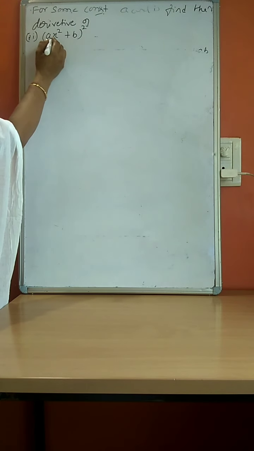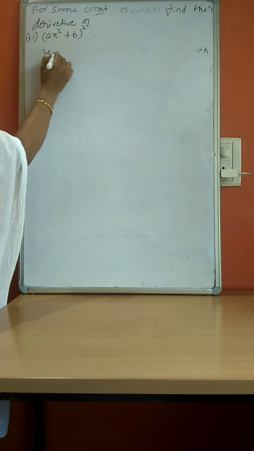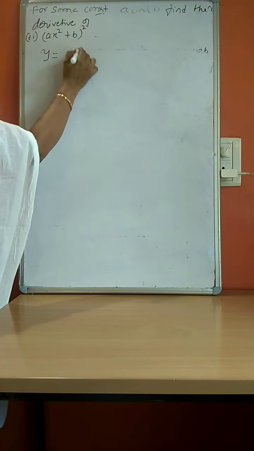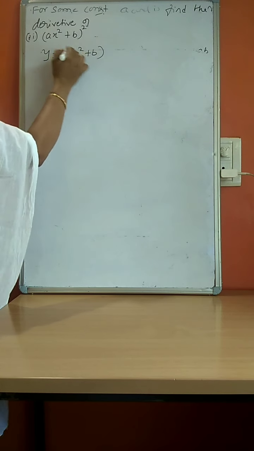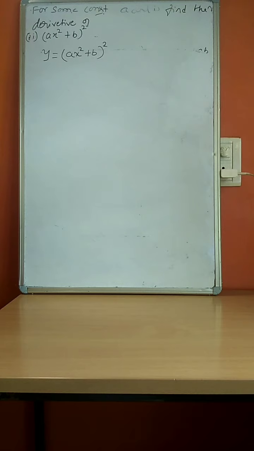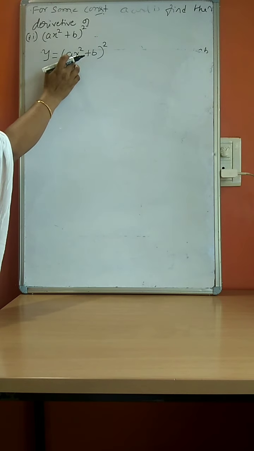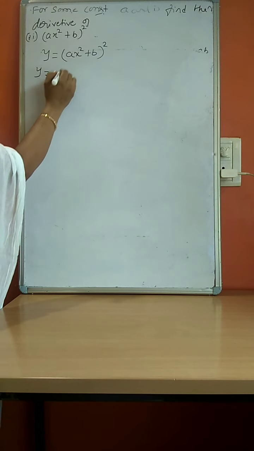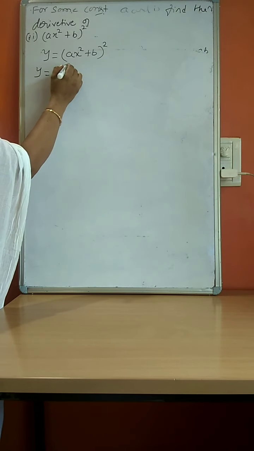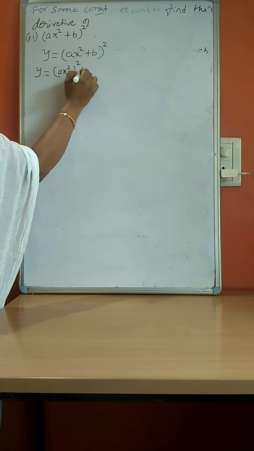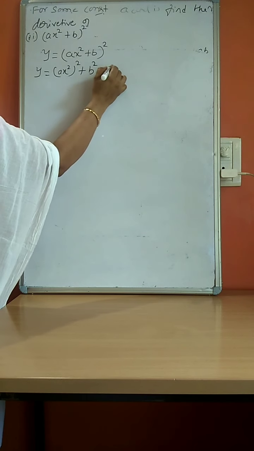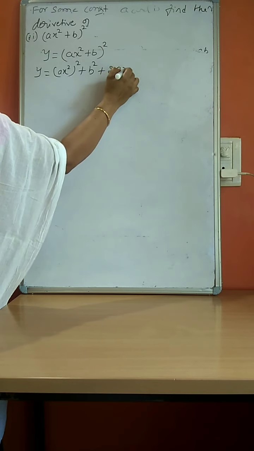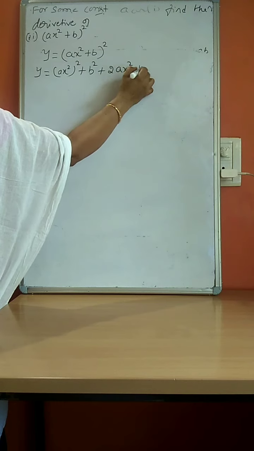Whatever the given term is, take it as y is equal to ax square plus b, whole square. Simplify using the a plus b whole square form. What we get? y is equal to ax square whole square plus b square plus 2 into ax square into b.